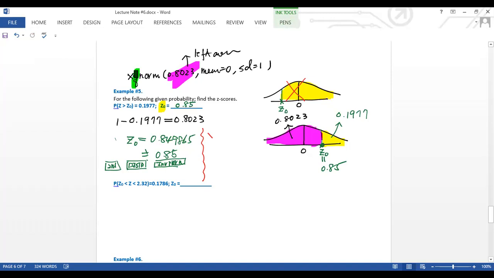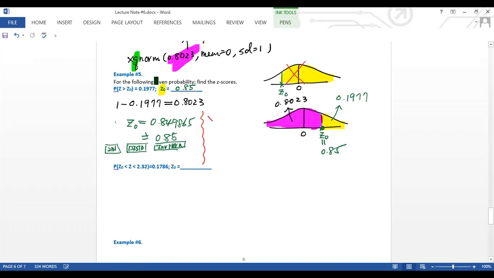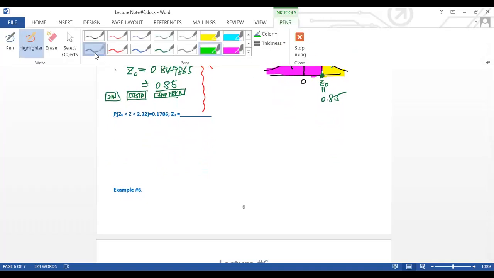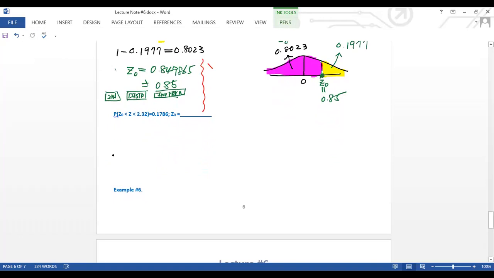Okay, so now let's take a look at the second problem. And so in here, we want to do what? Do graph here. You need to be careful here. So this is 0. They give us negative one and then they give us 2.32.